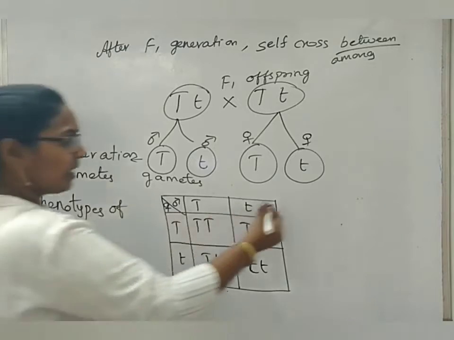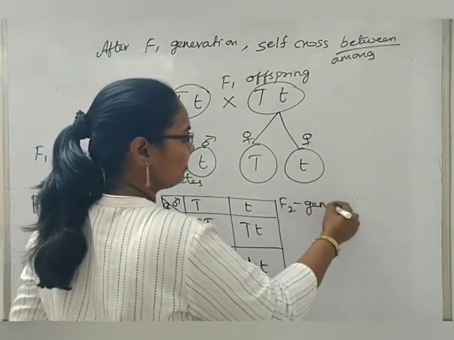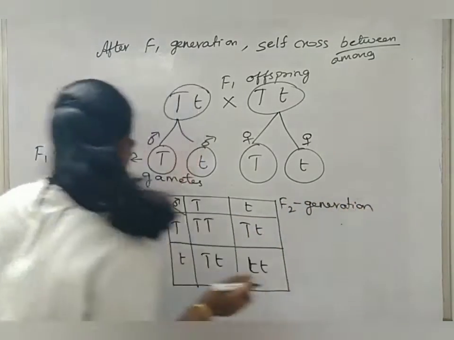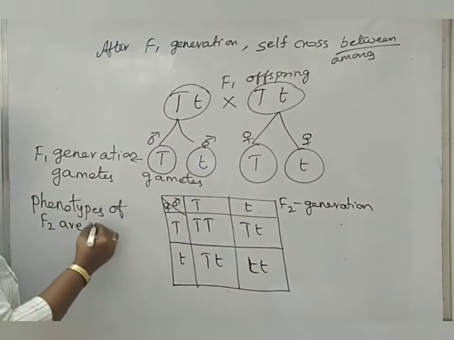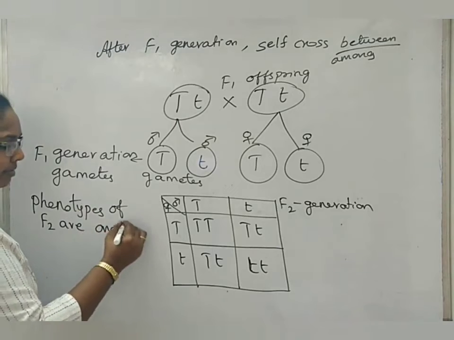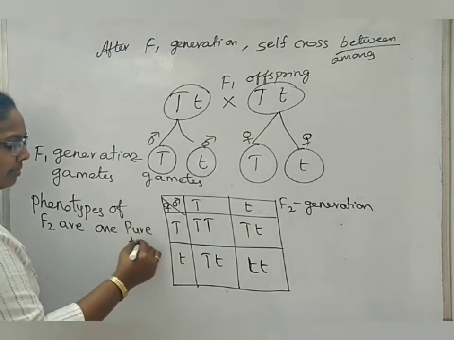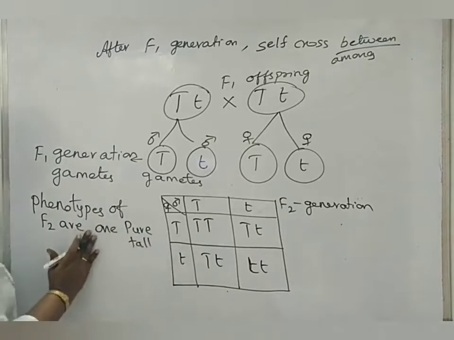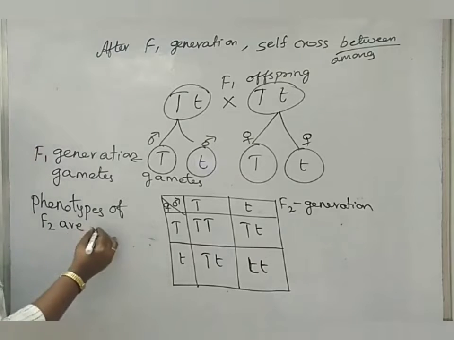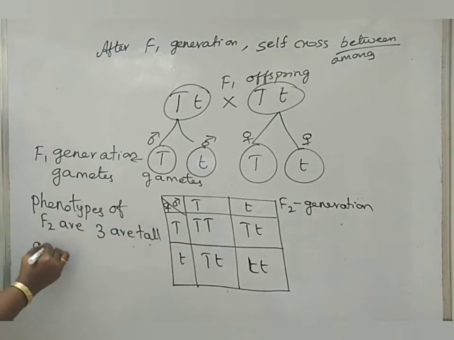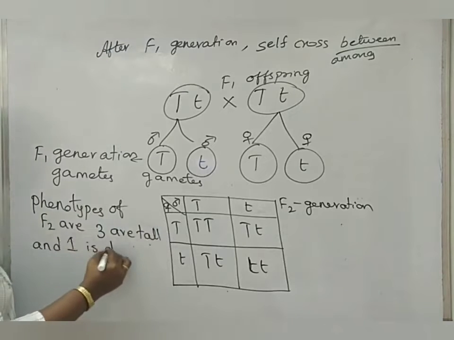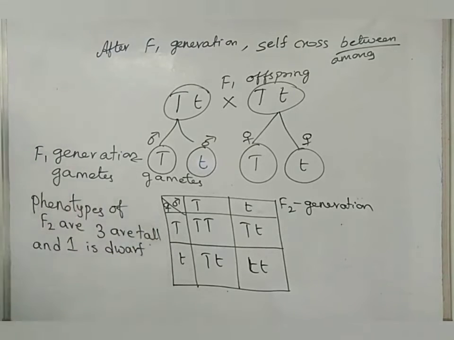Phenotypes, this is called the F2 generation. The phenotypes of F2 are 3 tall and 1 dwarf. We should not write it as "pure tall".